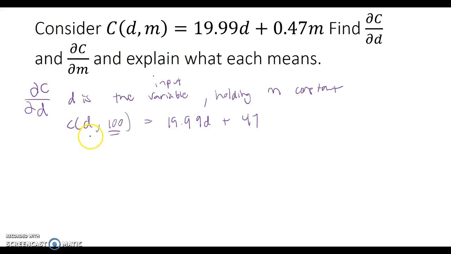Okay, well that means that if we hold m constant, the rate of change of this equation here is precisely just the slope of the line, 1999. So we could write that in general, the partial of c with respect to d is equal to 1999. Okay, well, what are the units of this 1999?